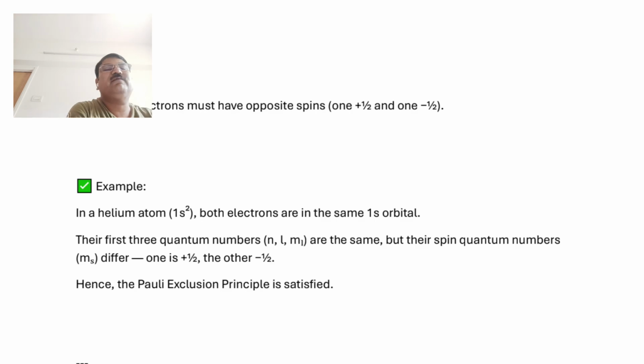What is Pauli's exclusion principle? No 2 electrons present in the same atom can have all 4 quantum numbers the same.